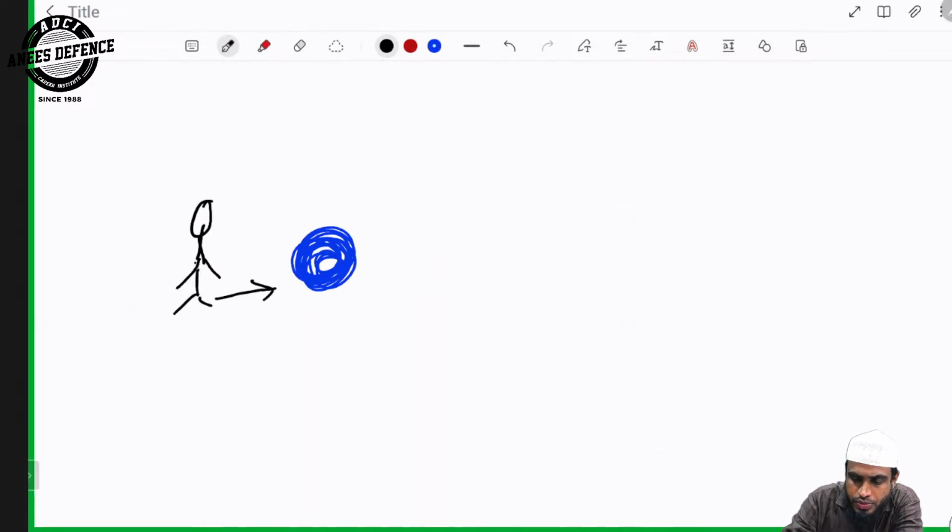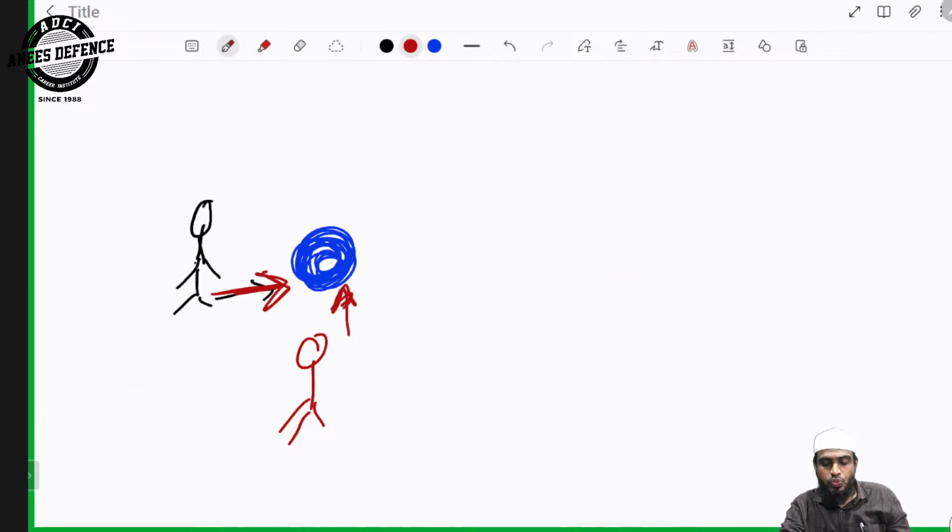Another guy is doing it from this position. He is attacking like this and he is attacking like this. So here two forces are applied on the same point simultaneously. Here you have to apply parallelogram law of addition.